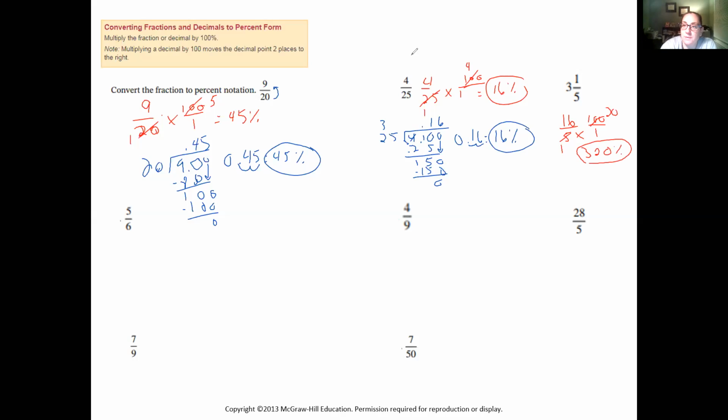Or if you did it the other way, this would be 5 times 3 is 15 plus 1 is 16 over 5.